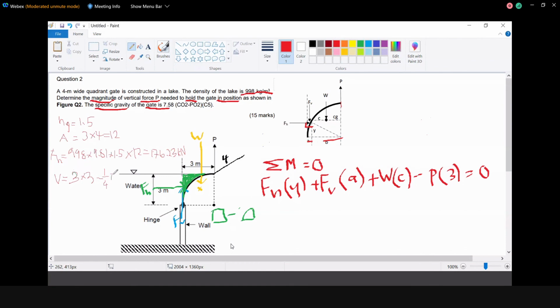R dia berapa? Berapa jari bulatan ni? 3, good. 3. So, 3 square. Okay, selesaikan dalam kurungan ni ialah area, baru darab dengan width dia 4. Boleh kira. 3 darab 3 tolak 1/4 darab pi r squared, darab dengan 4. Berapa volume?